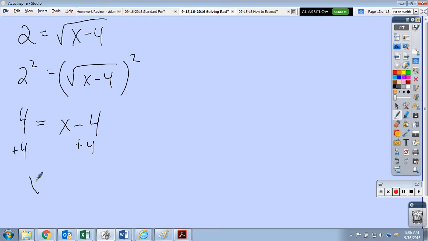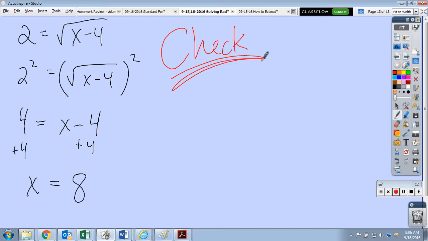So x equals 8. This is our only proposed solution. I can't emphasize enough that now we have to check. We have to check it. It may not work. It may be extraneous. So the verbiage is just check for extraneous solutions.